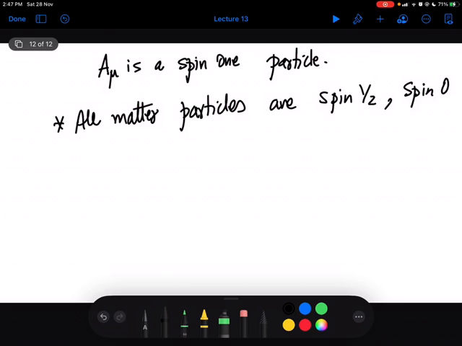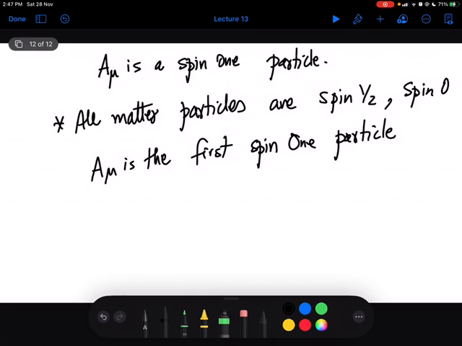We claim that by imposing the condition that all the matter particles have electromagnetic charge conservation at every space-time point, which is equivalent to saying that the U(1) charge is conserved at every space-time point, I am already introducing the first spin 1 particle which we have seen so far. So A mu is the first spin 1 particle. In nature, only if you neglect the spins of the particles do you have spin 0. Most of the things which we know are essentially fermions, all the matter particles are essentially fermions.